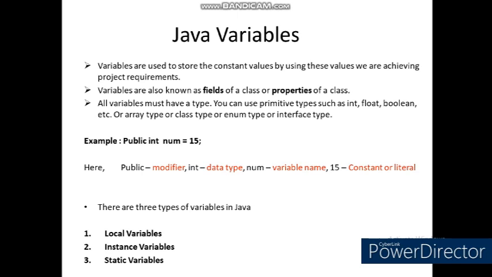The next is num. It is the name of the variable. The variable name can be anything, according to the project requirements. We have to use the name according to the specific project requirement.